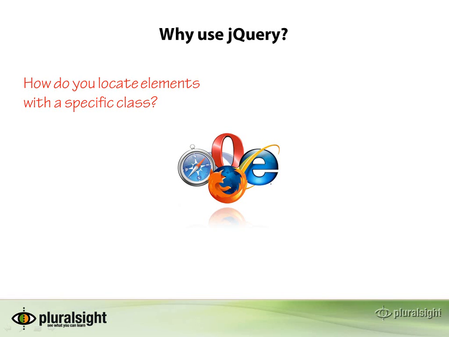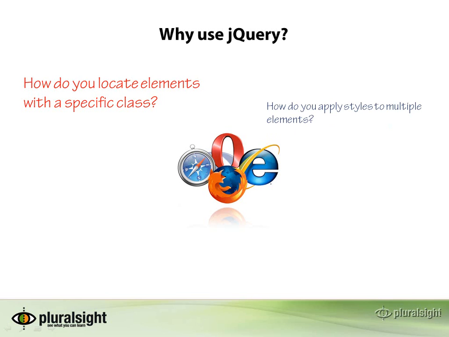So how do you take a div and say, hey, go find all the divs that have a class of foo, let's say. Well, you could do that with custom JavaScript, but you'd have to loop through all the DOM elements, find the divs, write an if statement as you're looping to check the class, and then write code to manipulate it, and then you've got to worry about cross-browser. With jQuery, you can do something like that with a very small single line of code. It's very, very simple once you know the fundamentals.